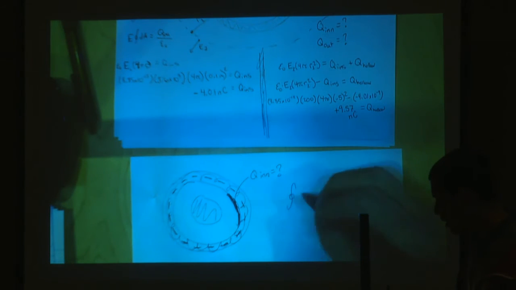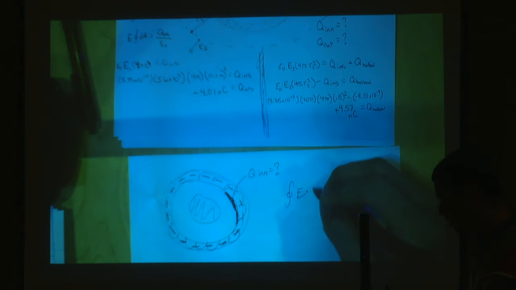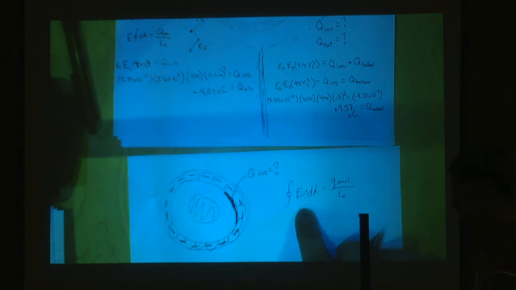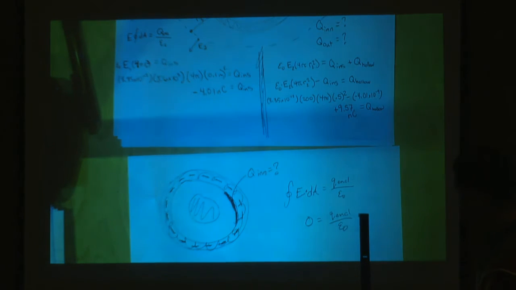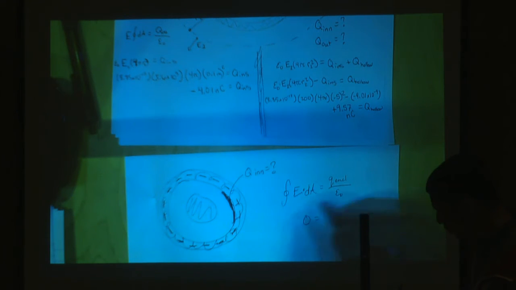Thus, if we take a look at Gauss's law, our electric field is 0. Thus, this ends up into 0. So our net charge, if I move this over here, I can times that by both sides, and it'll essentially go away.